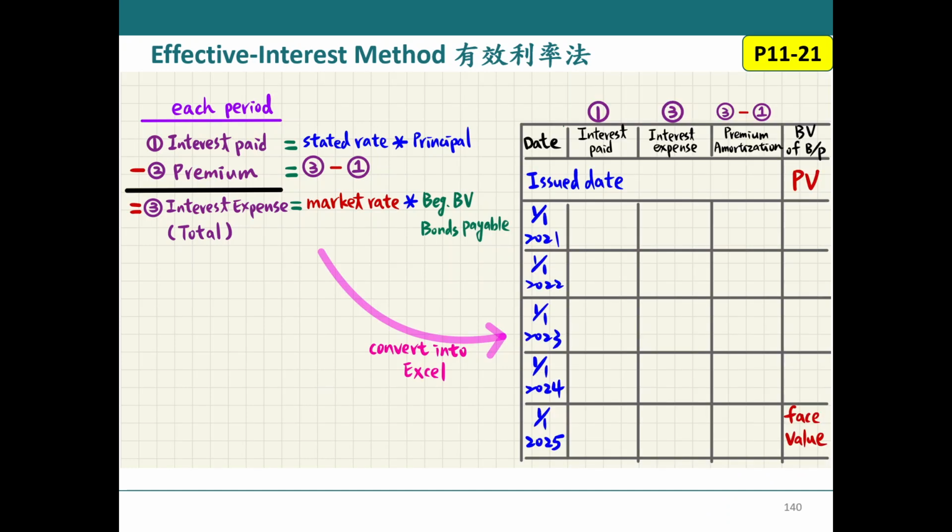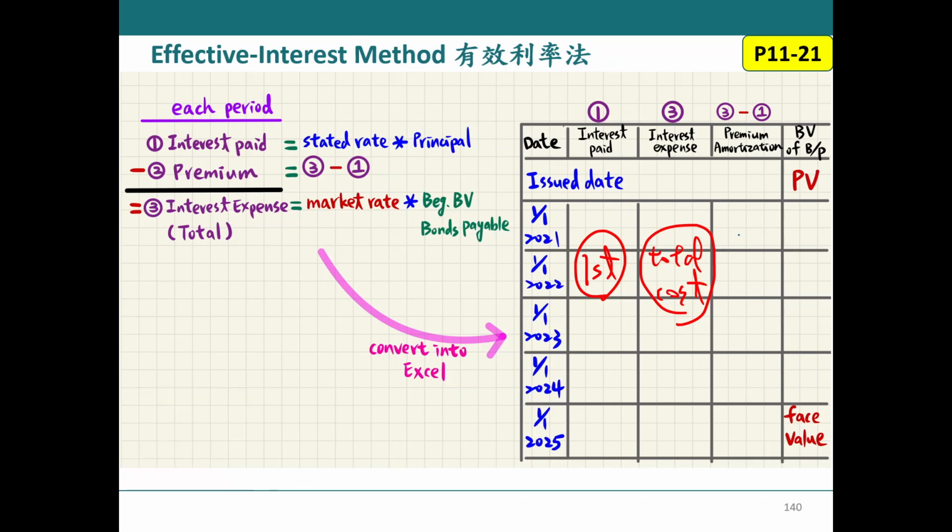So when we convert into Excel on your slide 140, remember, first column is what? Interest payment day, right? When we pay the interest. So how about your second column? Is our first cost, right? How about your third column? Is your total cost, right? How about your next column?